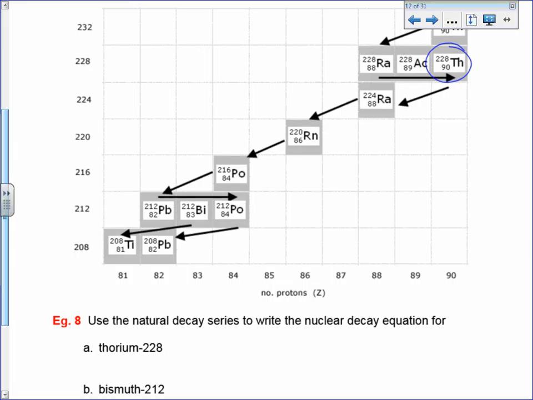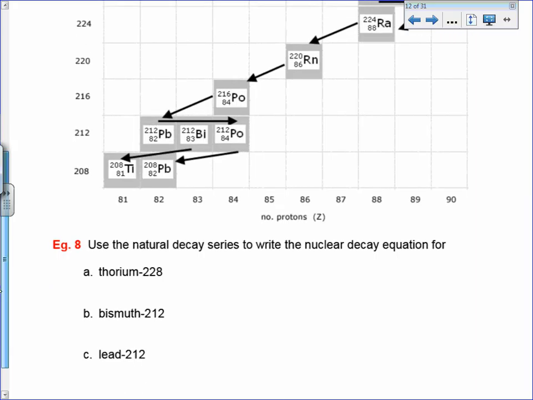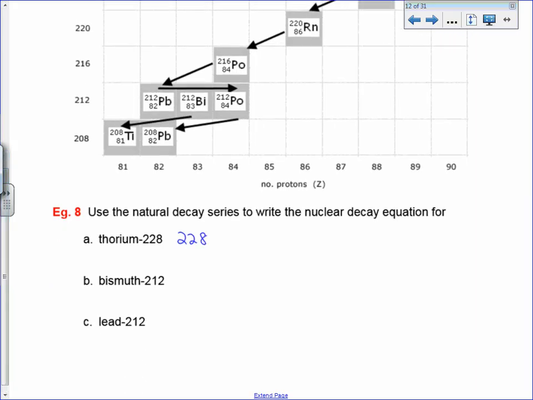So A starts at 228 and becomes 224, and Z starts at 90 and becomes 88. We've got thorium-228, which is 90 on the periodic table, and we end up with 224, 88, radium.